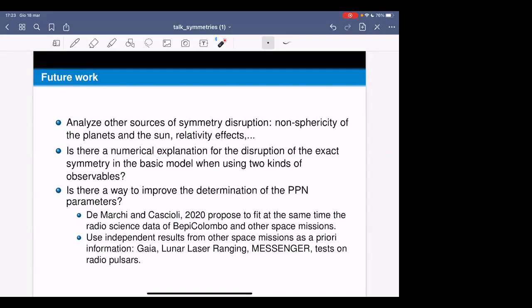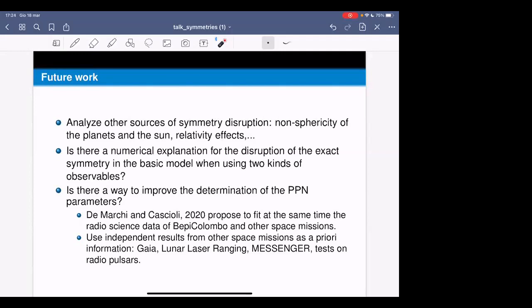Well, for example, De Marchi and Cascioli in 2020 proposed to fit in one session the radio science data of BepiColombo and the other space missions. And this proved to be in some way beneficial to the determination of the other parameters. Another possibility to explore would be to use independent results from other space missions as a priori information.